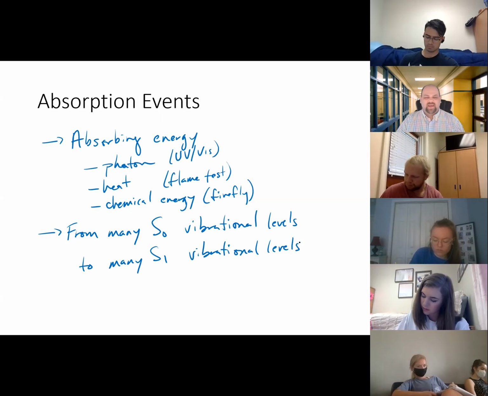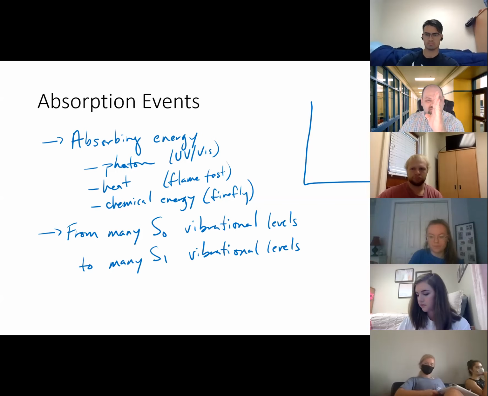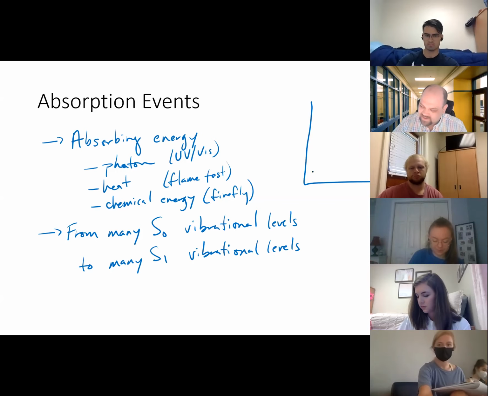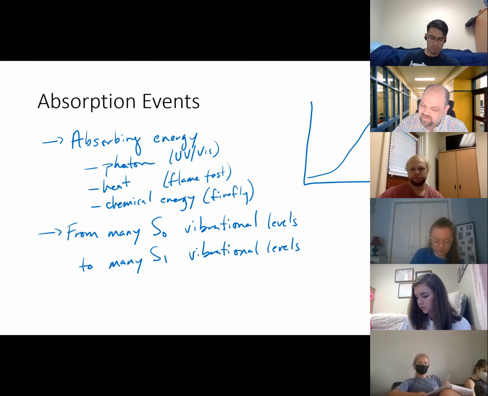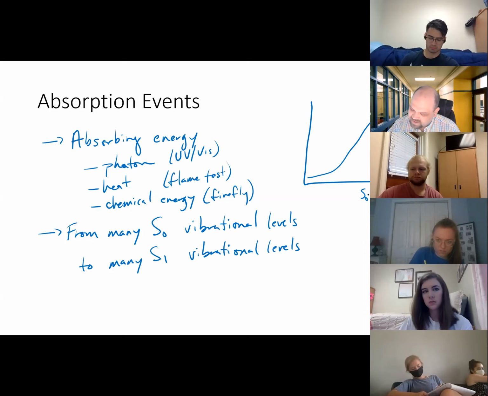And because of this multitude of transitions, that's why we have such broad peaks in our UV vis. When you look at a UV vis, it's not one nice transition, like one energy. You get these broad peaks. And the reason is that maybe this energy corresponds to S0 in 2 going to S1 in 0.